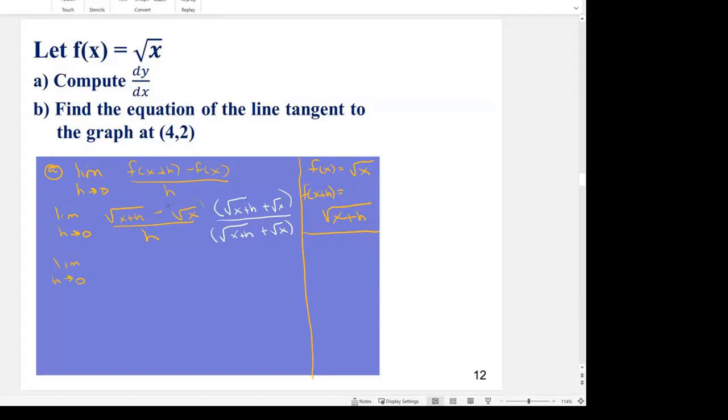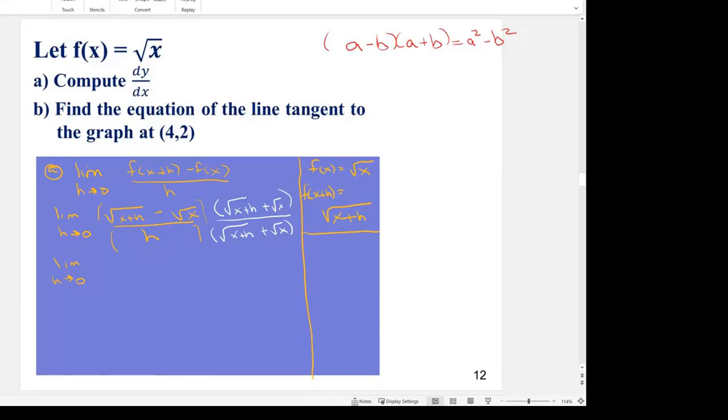And now we're really multiplying the conjugates, which means what we're doing is saying a minus b times a plus b equals a squared minus b squared. So that's now what I'm going to do here.